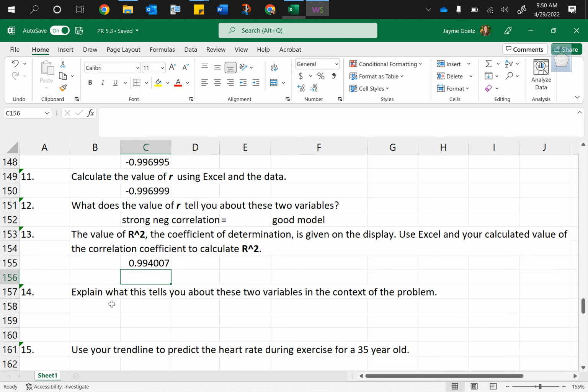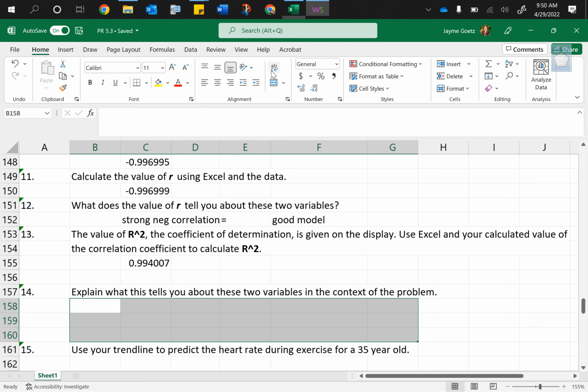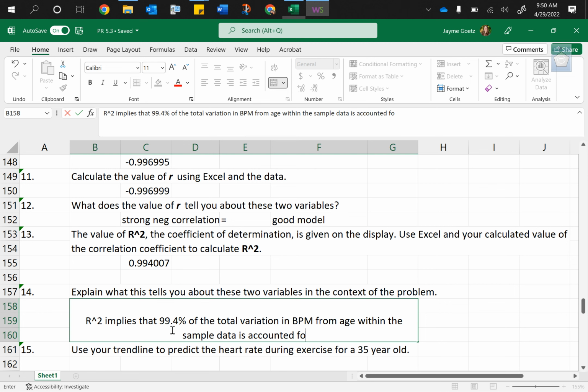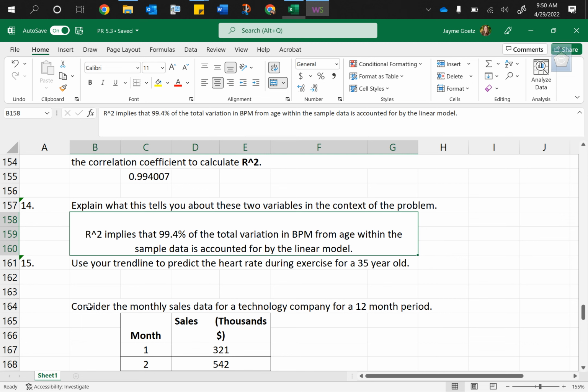Explain what this tells you about the two variables in context of the problem. So this tells me r squared implies that 99.4% of the total variation in beats per minute from age within the sample data is accounted for by the linear model.